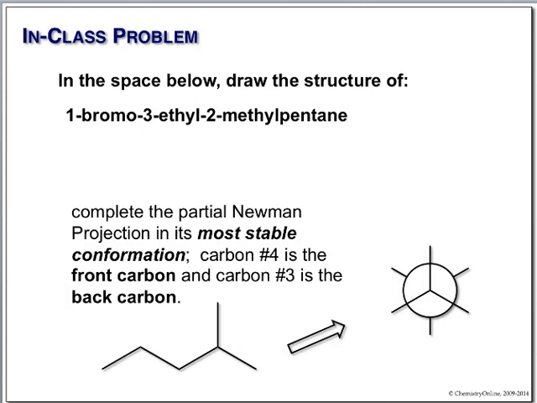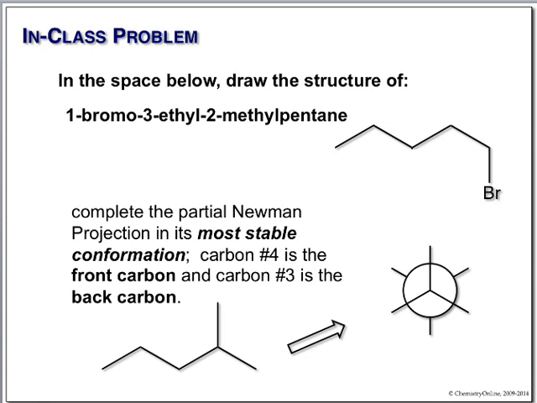All right. And up here with a very simple one, we have a pentane. Our pentane has a bromine, an ethyl, and a methyl. Bromine is attached to carbon 1. I would start by drawing a simple pentane. Define one carbon as being number 1, and simply put a bromine on it.